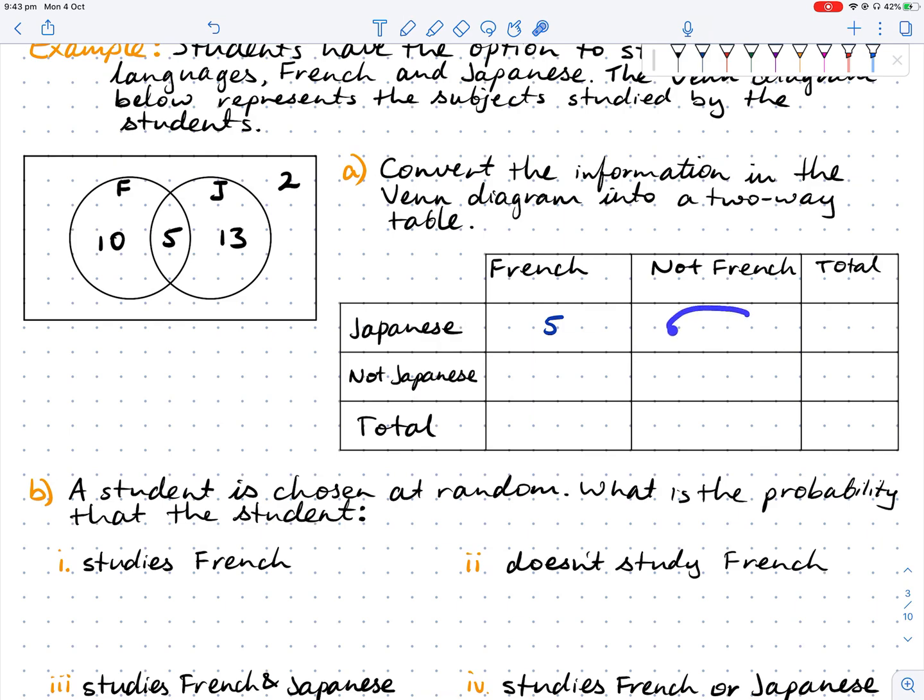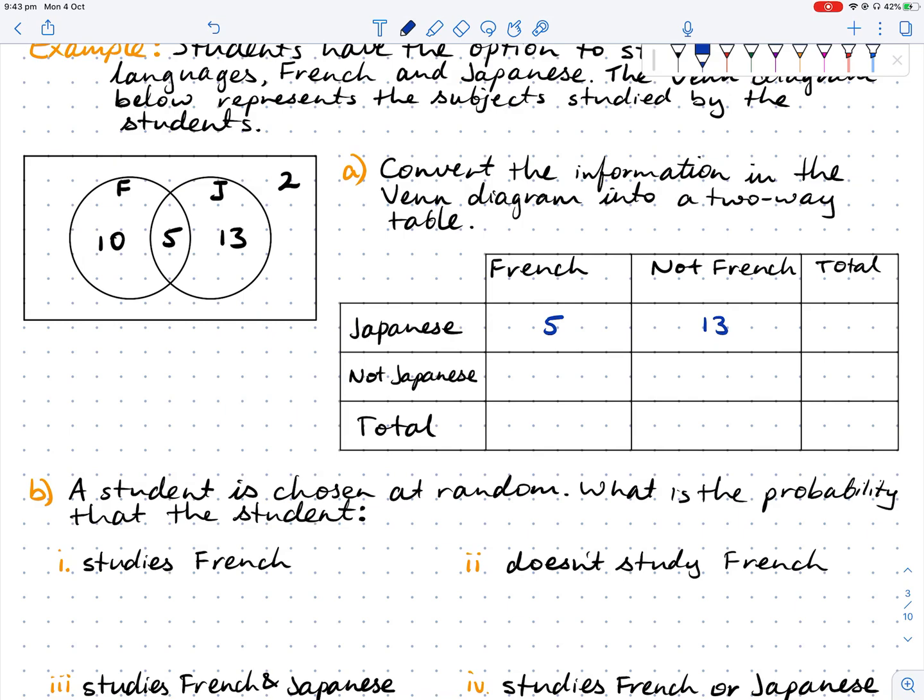If we come over here, we've got the people who study Japanese, but they don't study French. So we're looking at this section of the Venn diagram, and we can see we've got 13 people here.